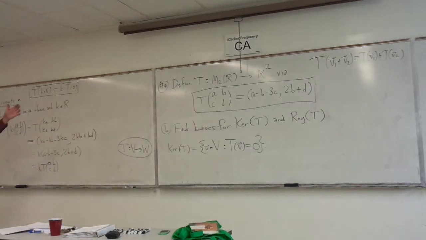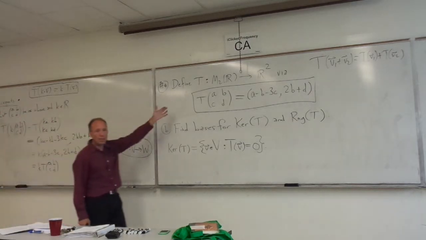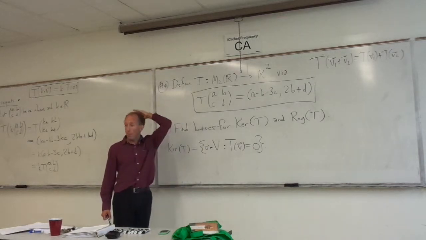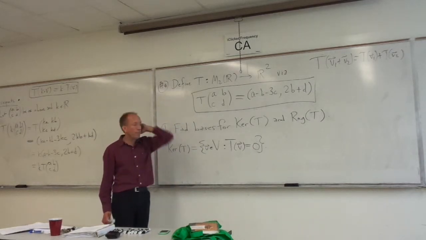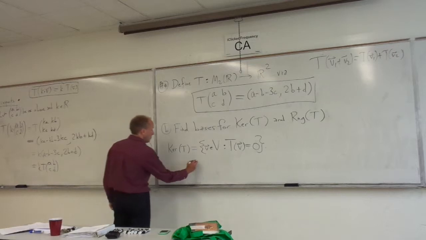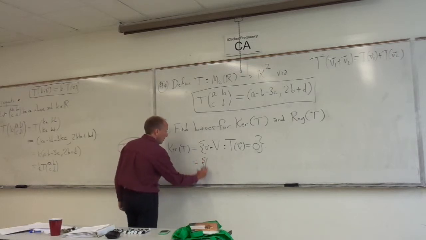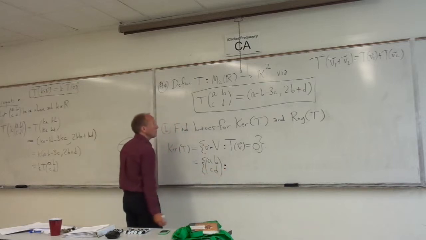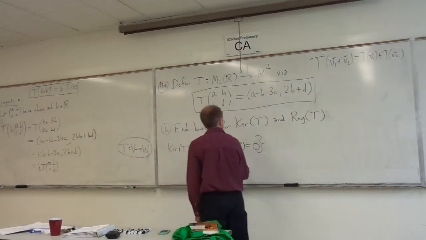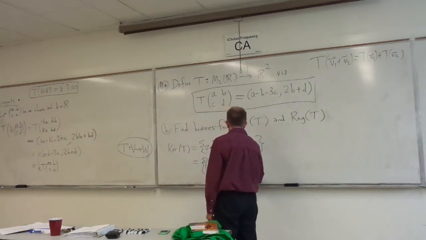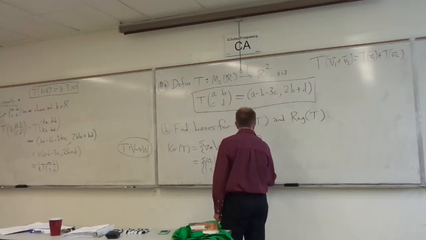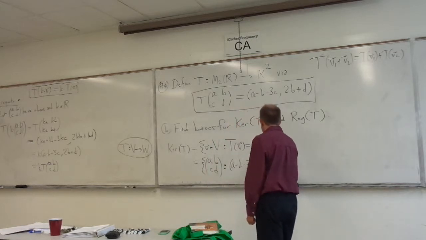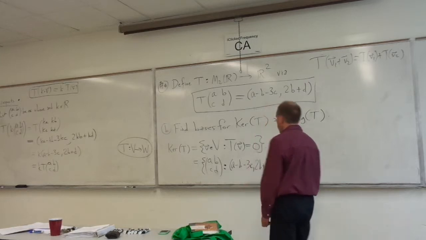So in this problem, it would be which matrices are actually showing up as outputs, right? So in this case, it would be the set of A, B, C, D, such that, well, A minus B minus 3C, comma, 2B plus D is the 0 vector of R2, which is 0, 0.